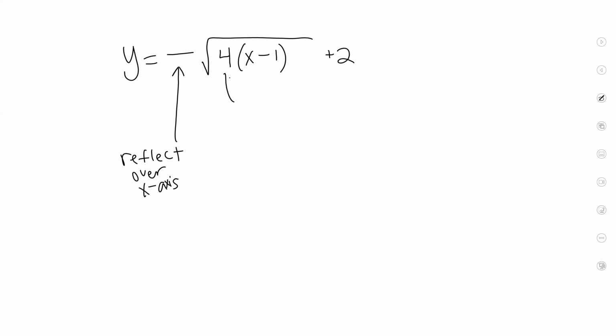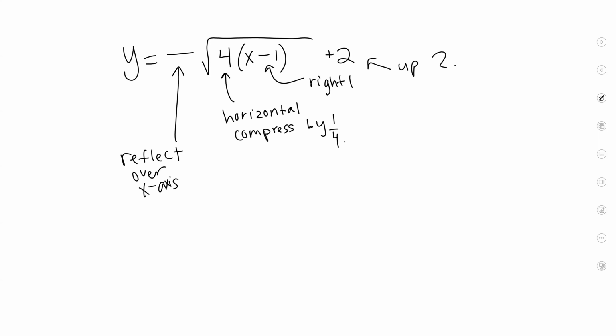What does this 4 do? Yes, it's horizontal, compress by what? By 1/4. Good, you always flip this number. What does this do? Good, right 1. Up 2, perfect.